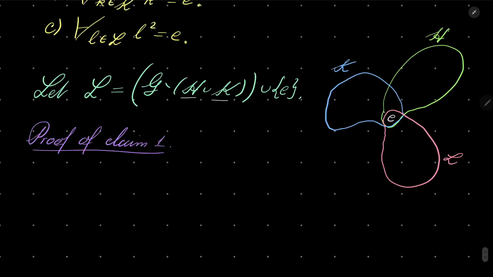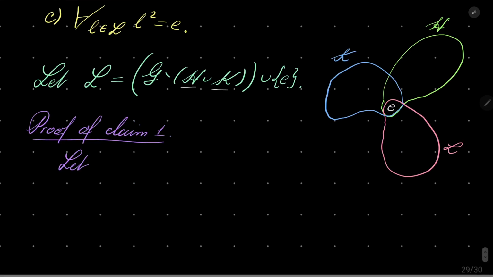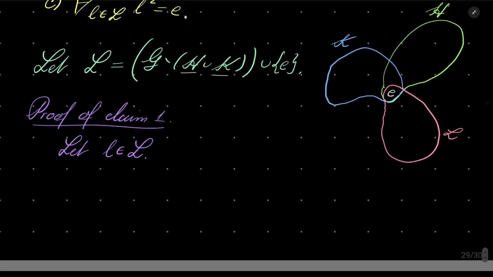Well, let l be in L. Well, l inverse, of course, exists, and we have three options. First option, l inverse is in L. Well, there is nothing to be done. This is exactly what we want.